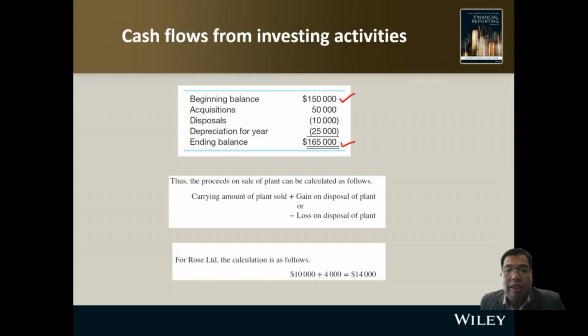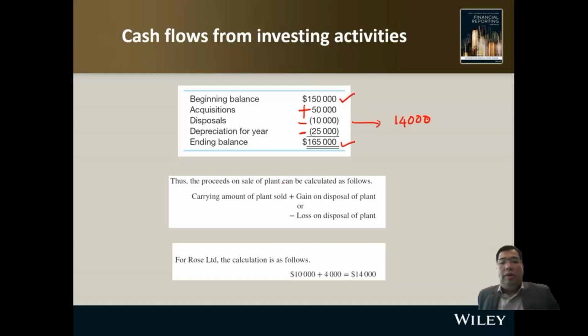During the process, you acquire a new asset, plus 50,000. You dispose one asset with a carrying value of 10,000. You sell it at a price of 14,000. You still remember? And you also provide depreciation of 25,000. Depreciation will reduce the value of these assets.